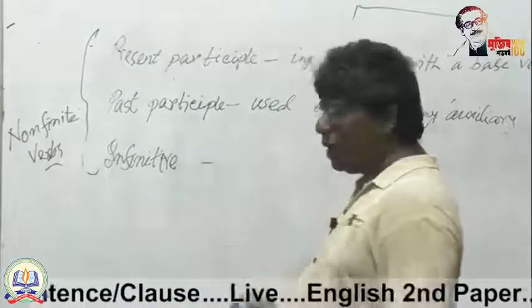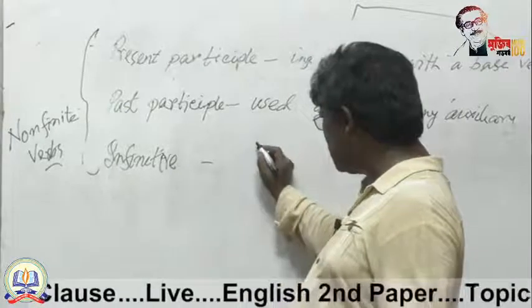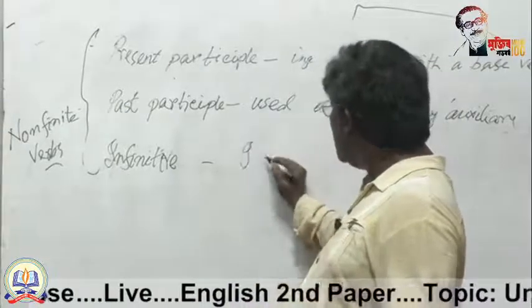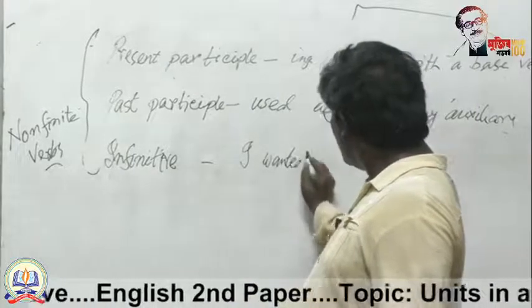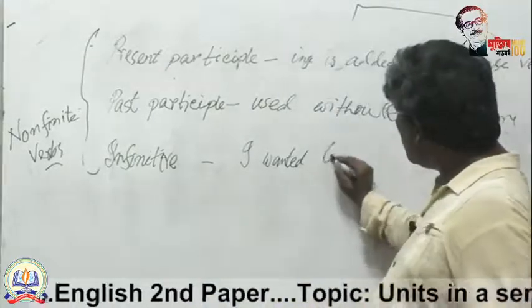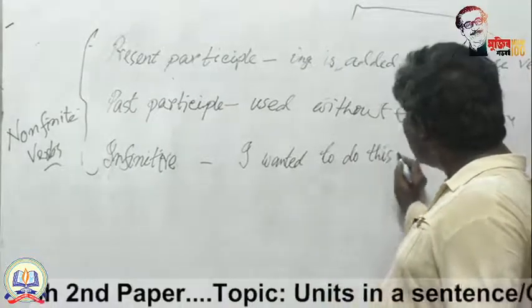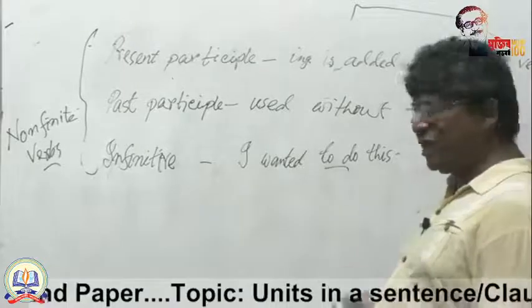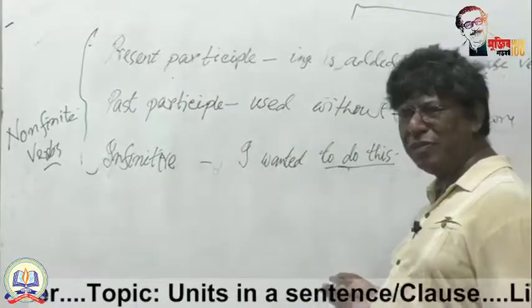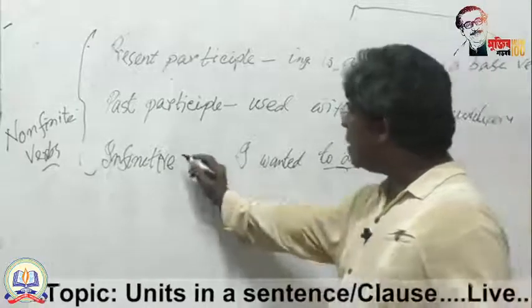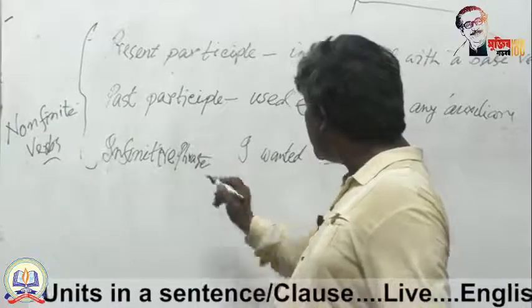Well, the examples of infinitive are like these ones. I wanted to do this. In this sentence, to do is an infinitive, or to do this is the extension, an infinitive phrase functioning as an extension in the sentence.